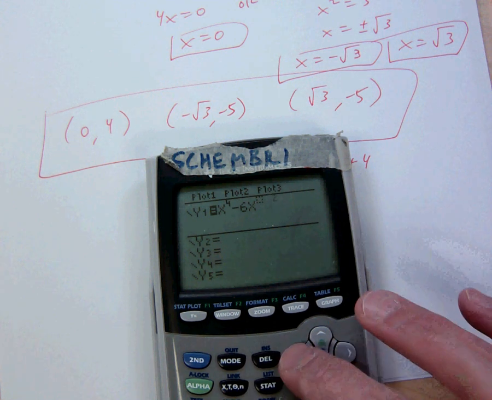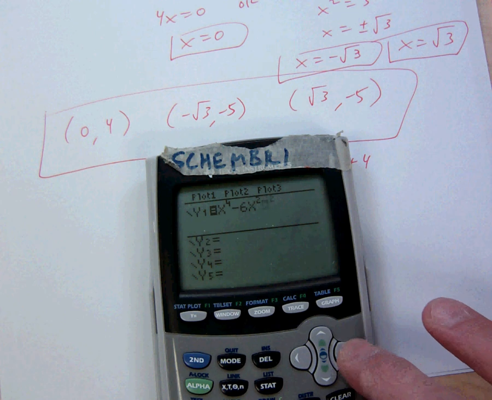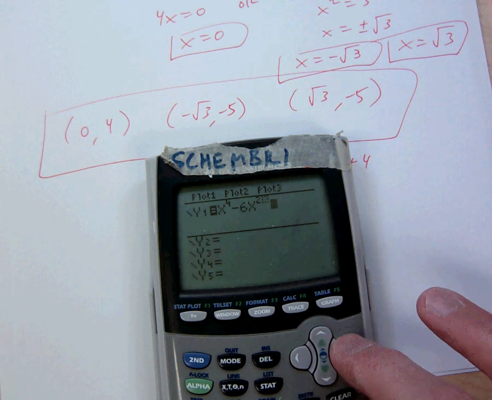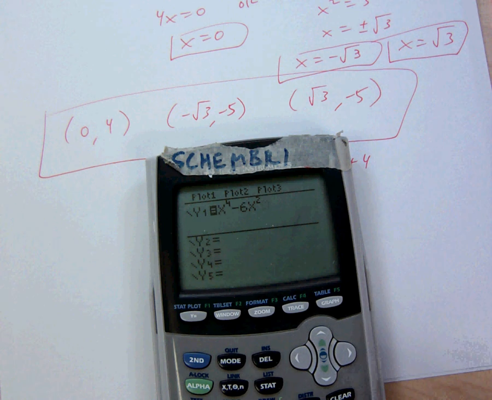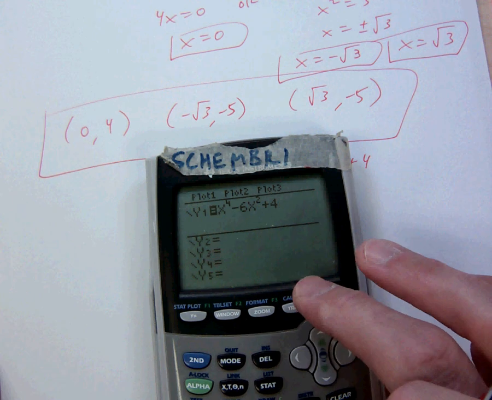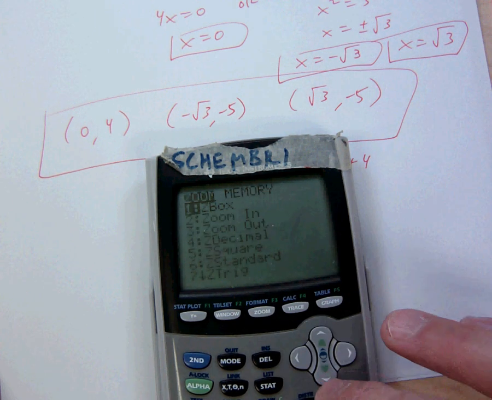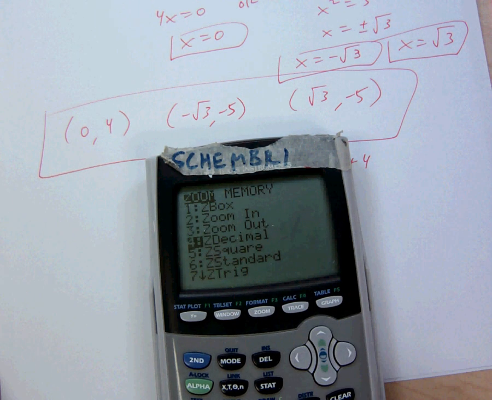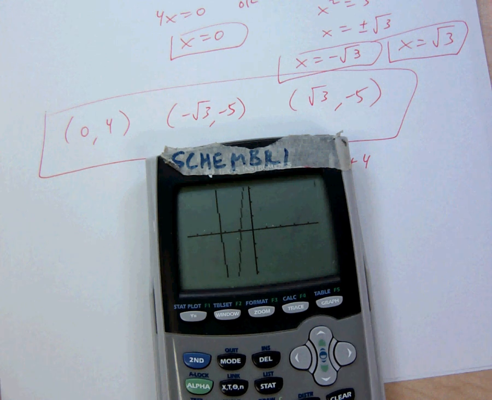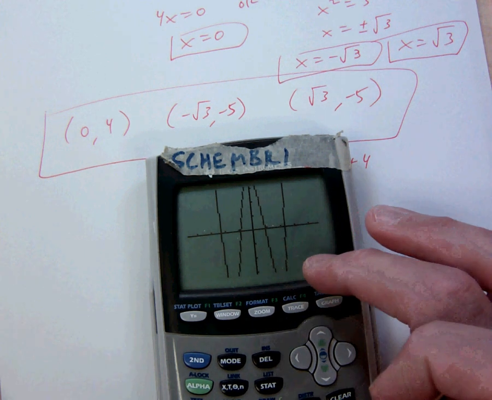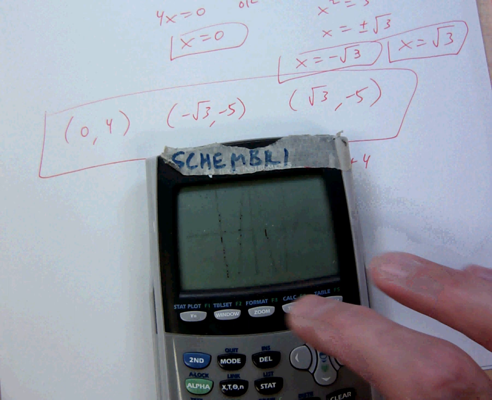Okay, there we go. And then from the graph, let's hit zoom. I like the decimal window, maybe not in this case. Let's go with the standard window.